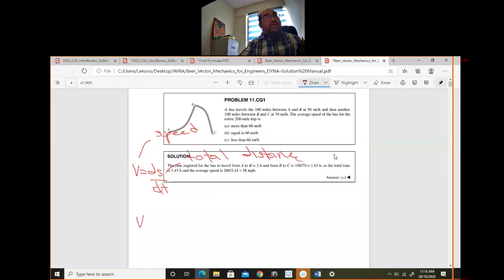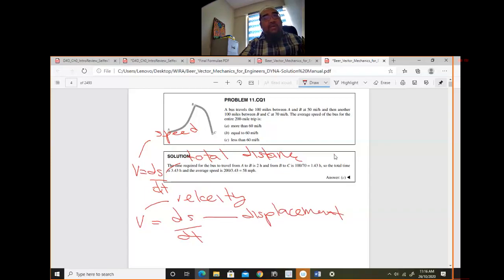If this is velocity, this s will become displacement. This is always a basic in dynamics. A degree level student should be able to differentiate what is velocity and what is speed.